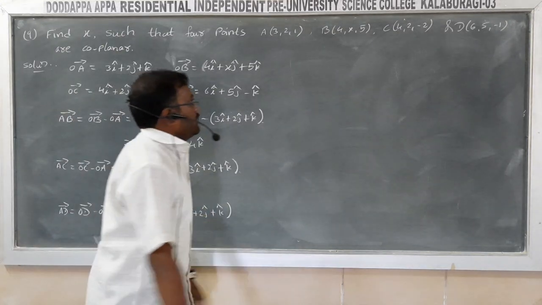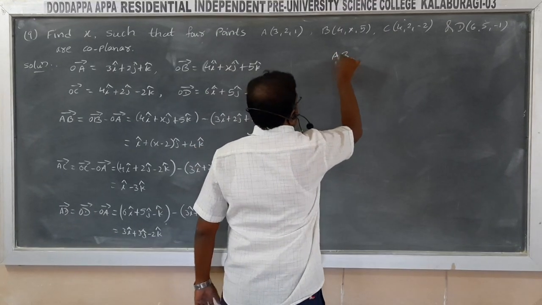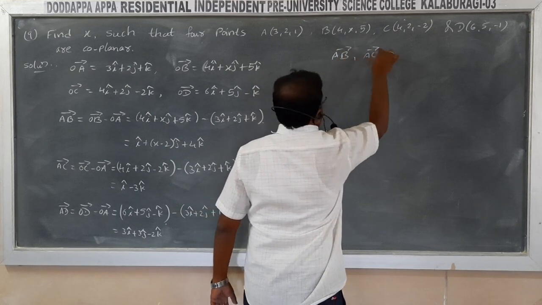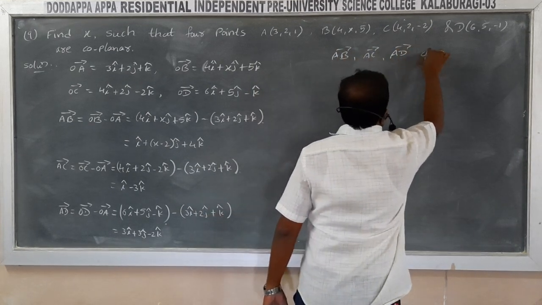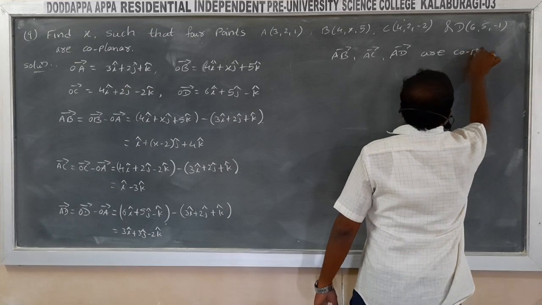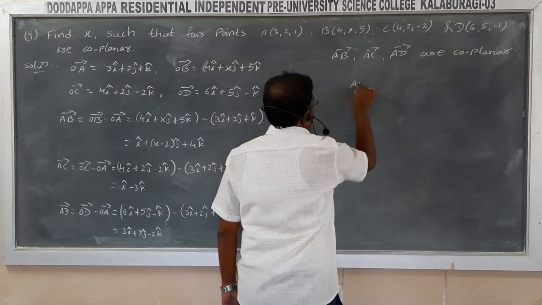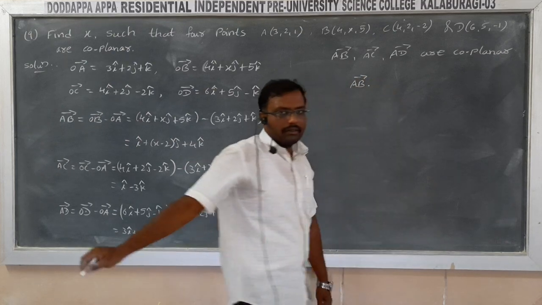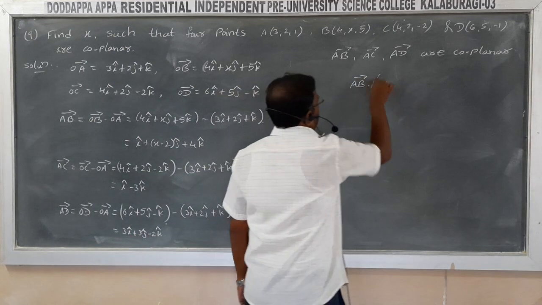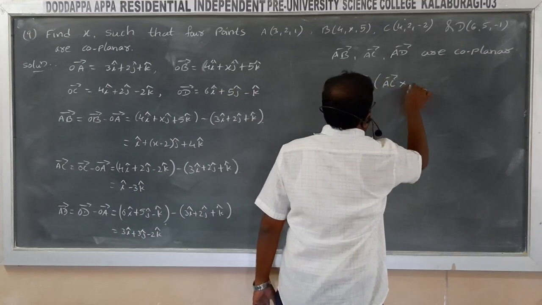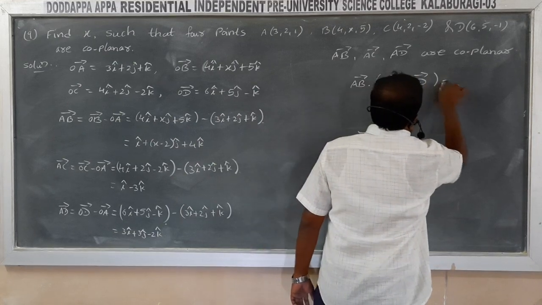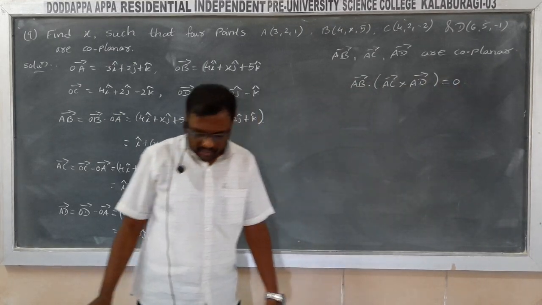But here, what is given? Vector AB, vector AC, vector AD are coplanar. So we know that when they are given coplanar, you can take that equal to 0. That is, vector AB dot vector AC cross vector AD equals 0.